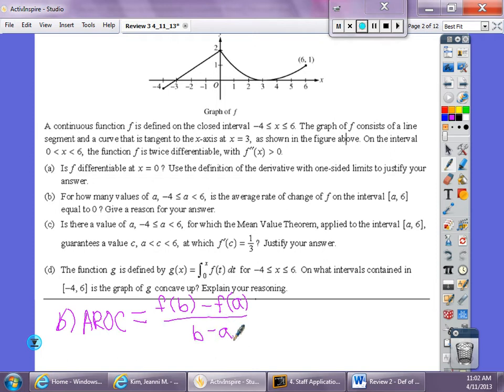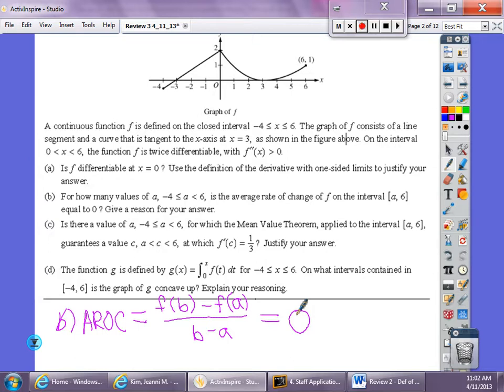Let's see. Is the average rate of change on f equal to 0? Let's see. So I feel like that's a mean value theorem of derivative. But hey, let's see.